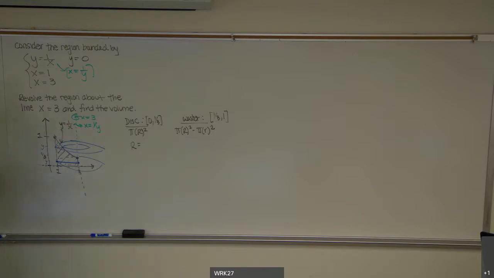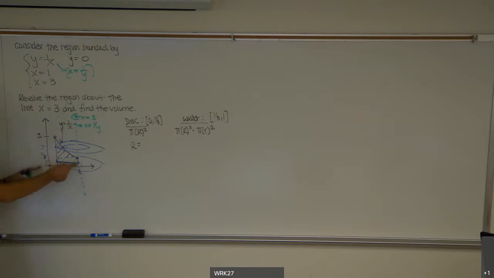All right, so that being said, now let's go ahead and measure. The radius of the discs is the distance from the center to the edge. The center, again, is at 3. That's the center of my discs and washers. The edge is, in this case, a constant. The edge of the disc is at the constant x equals 1. So here, the discs have a constant radius of 3 minus 1.